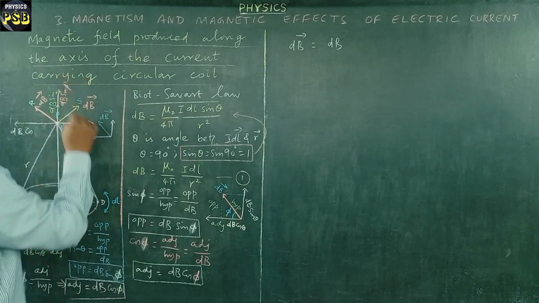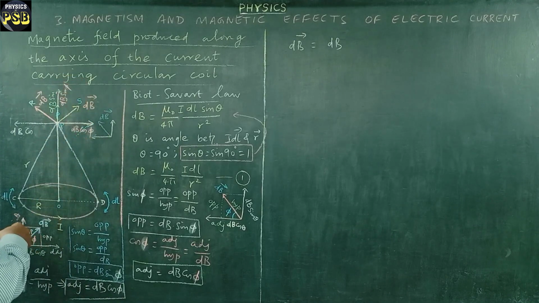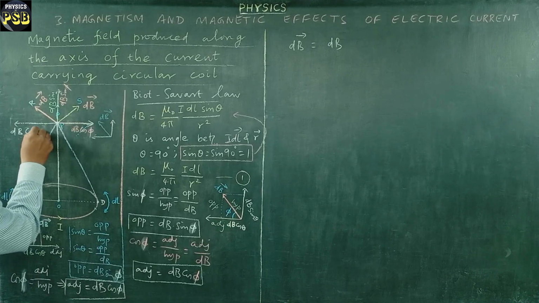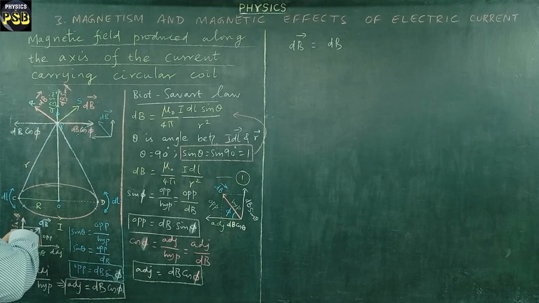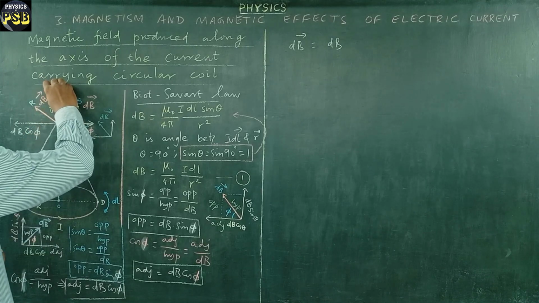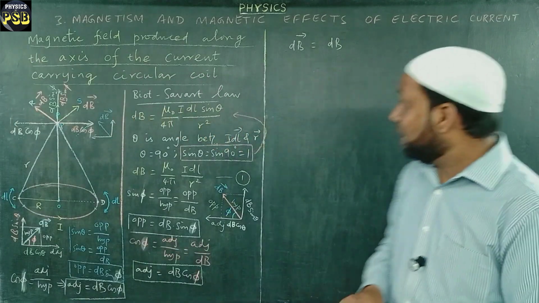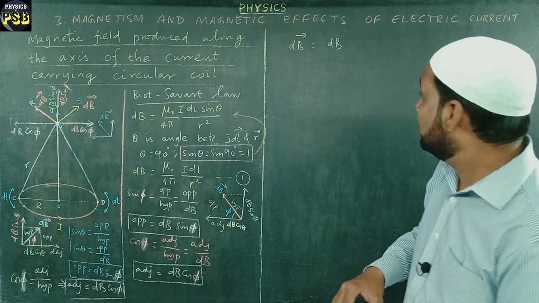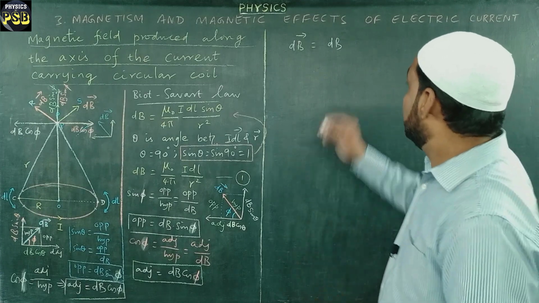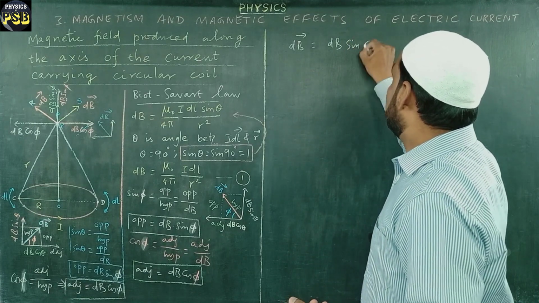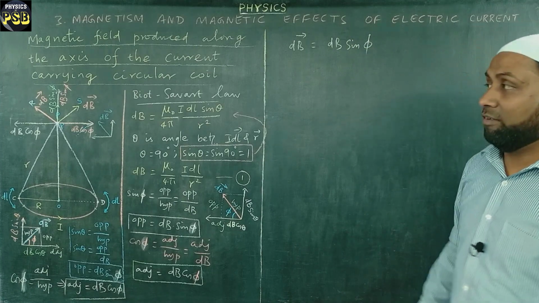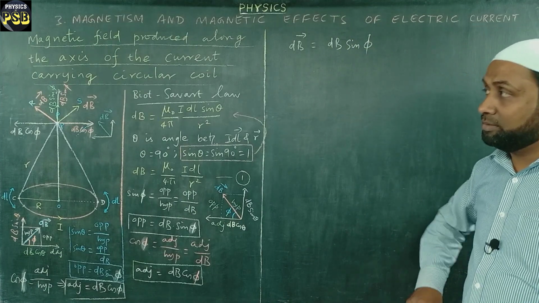So this is also 5. This one also represents 5. If it is so, then the dB vector can be taken as dB sine of angle 5. Got it?